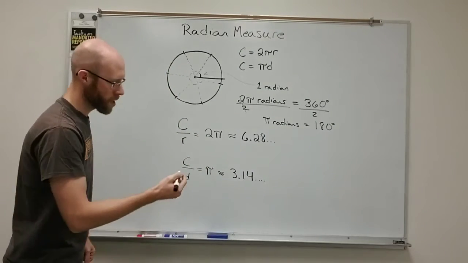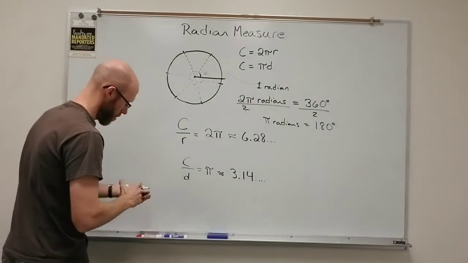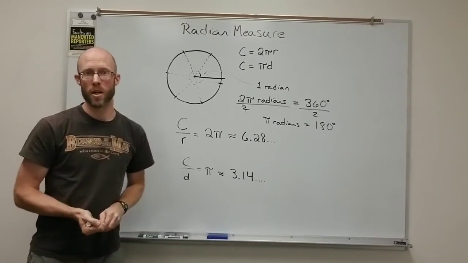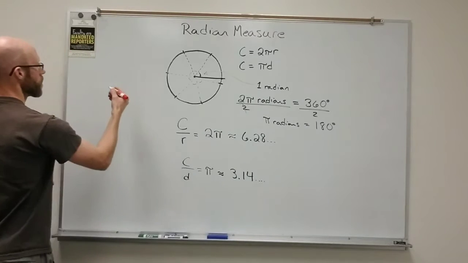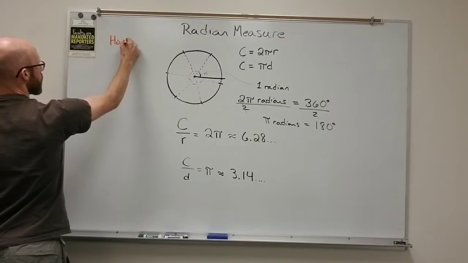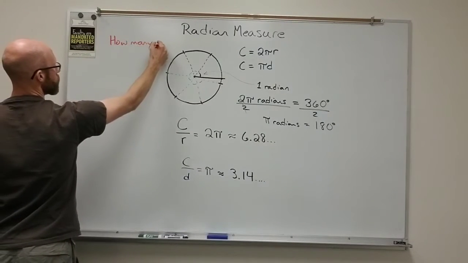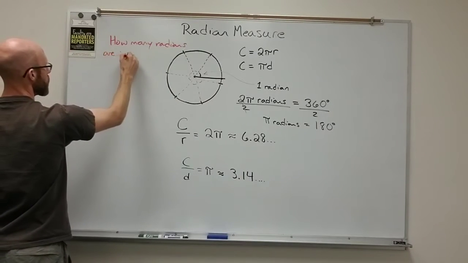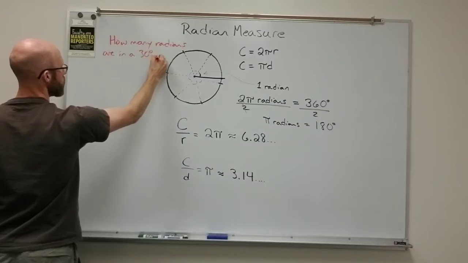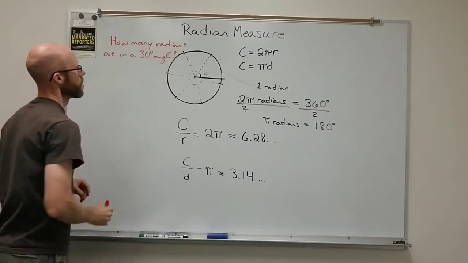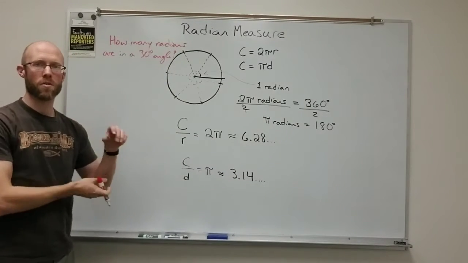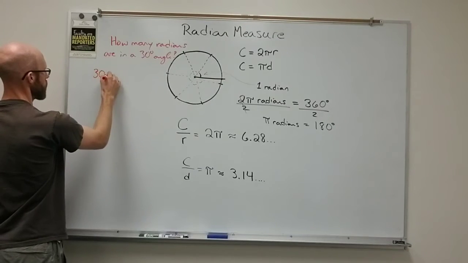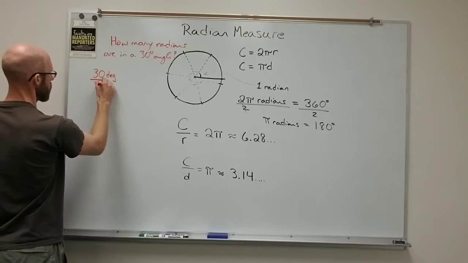For instance, if I wanted to determine how many radians are in a 30-degree angle, then all I have to do is convert my 30 degrees.